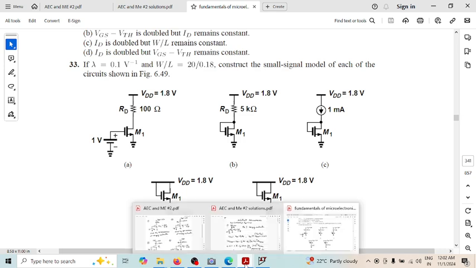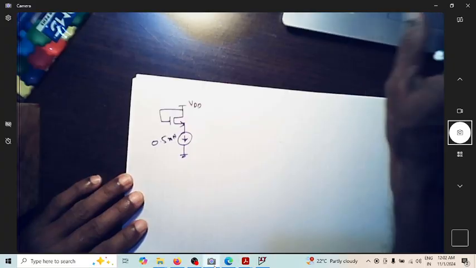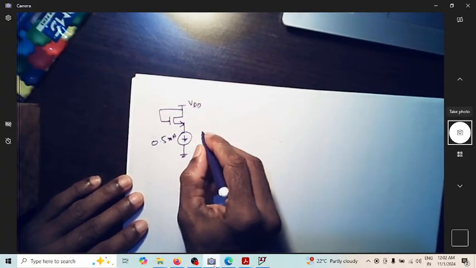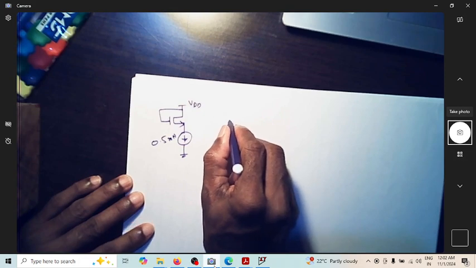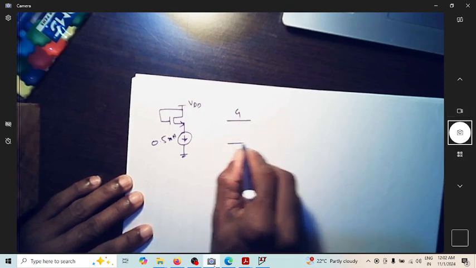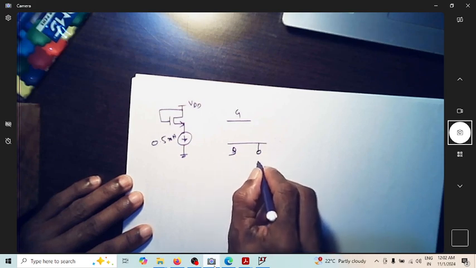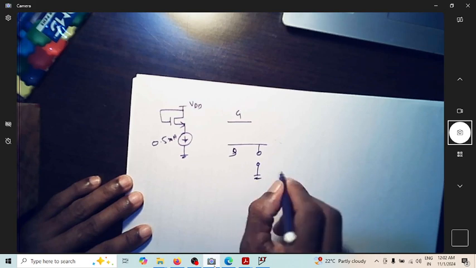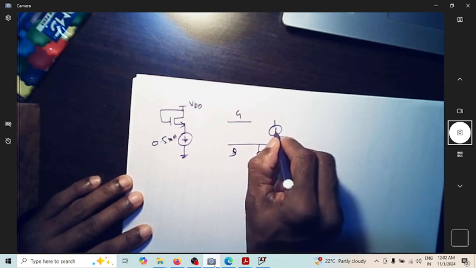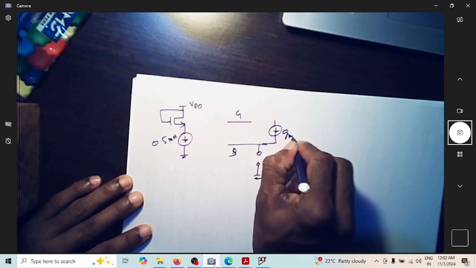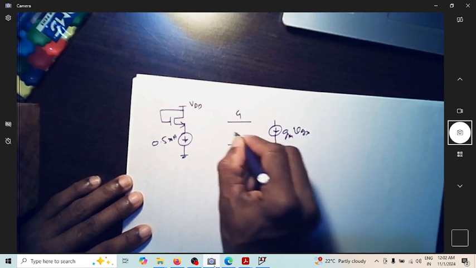It is as simple as that. So this is gate, drain, source. You have an open circuited current source, and this is GM into VGS.